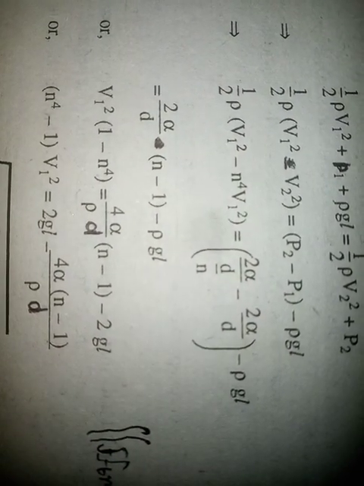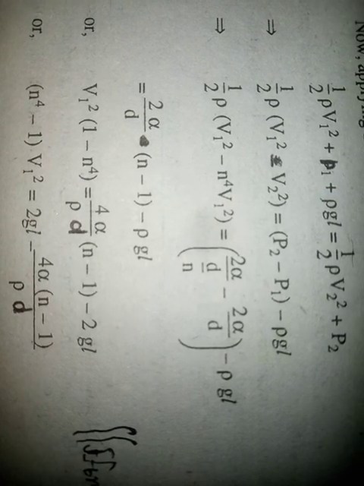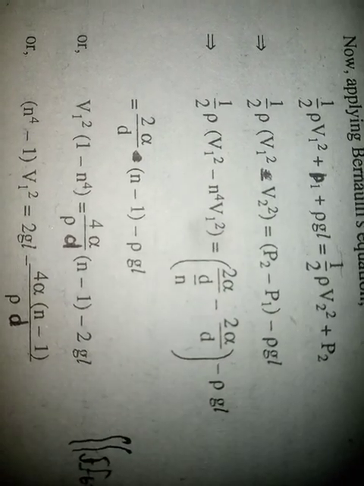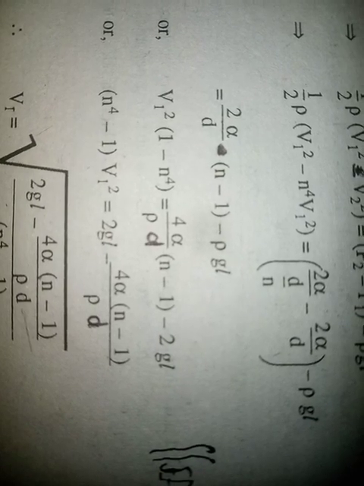This implies 1 by 2 rho (v1 squared minus n to the power 4 v1 squared) equals (2 alpha by (d by n) minus 2 alpha by d) minus rho g l, which equals 2 alpha by d into (n minus 1) minus rho g l.